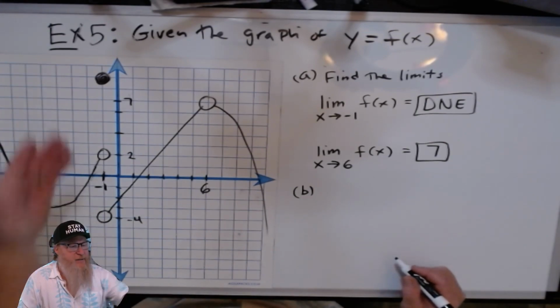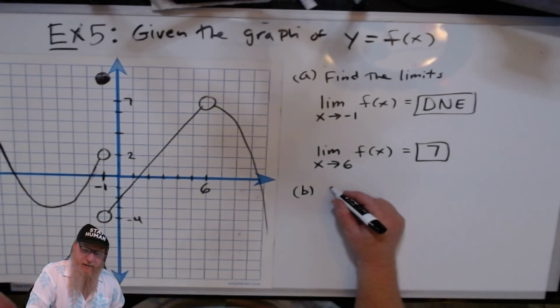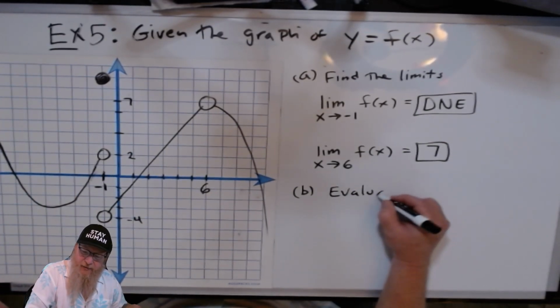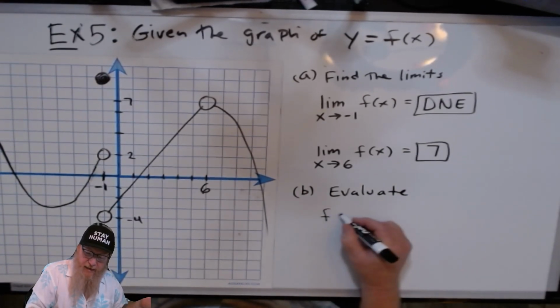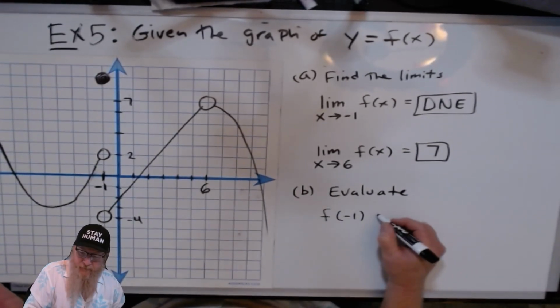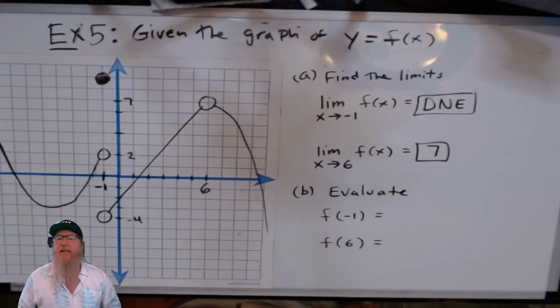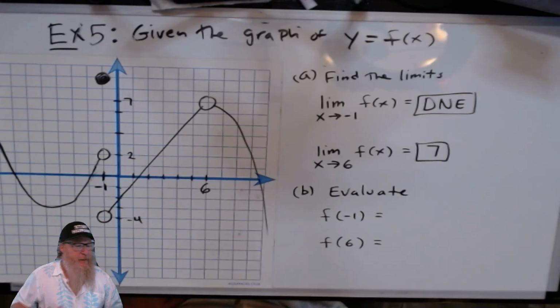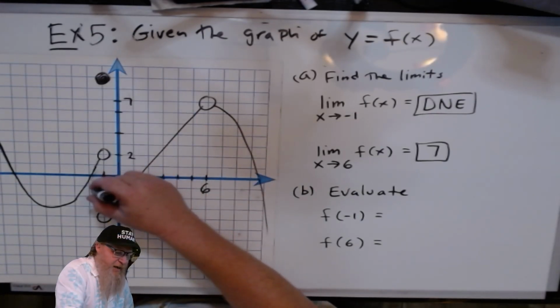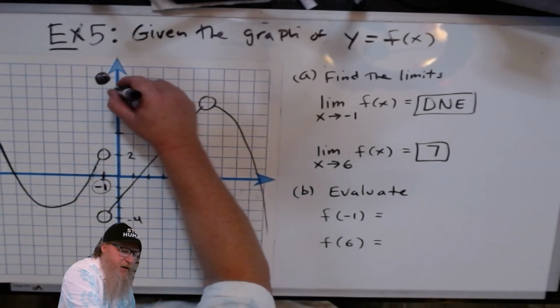Okay, and then now let's talk about the dot. Evaluate, also known as finding the value. F of -1 and f of 6. So there's a dot. When x is equal to -1, there's a solid dot.